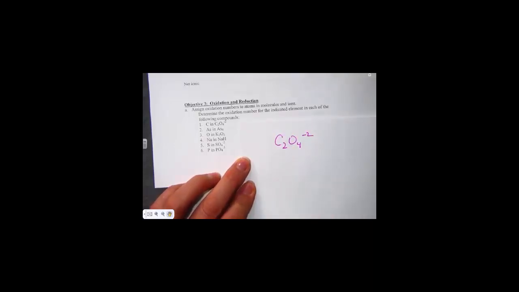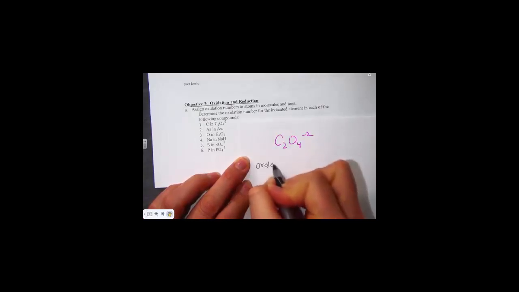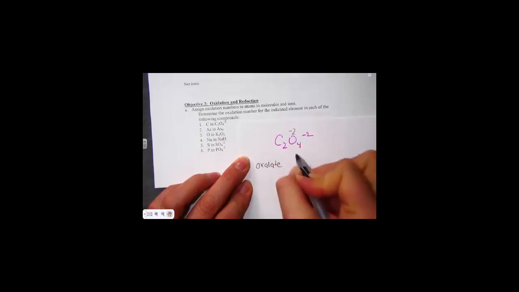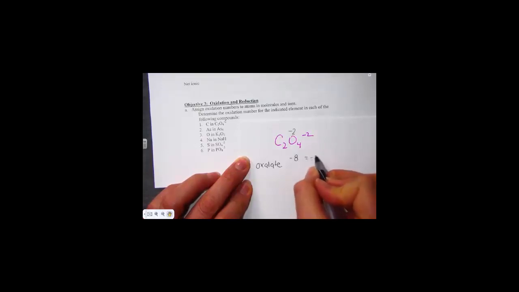It says that we know oxygen is always a -2, except if it's in a peroxide, which this is not. It's a polyatomic ion known as oxalate. You can find it on your polyatomic chart. If oxygen's assigned a -2, its total contribution is a -8. Rule 6 from our oxidation numbers shows us that polyatomic ions will add to their charge, a -2 in this case.